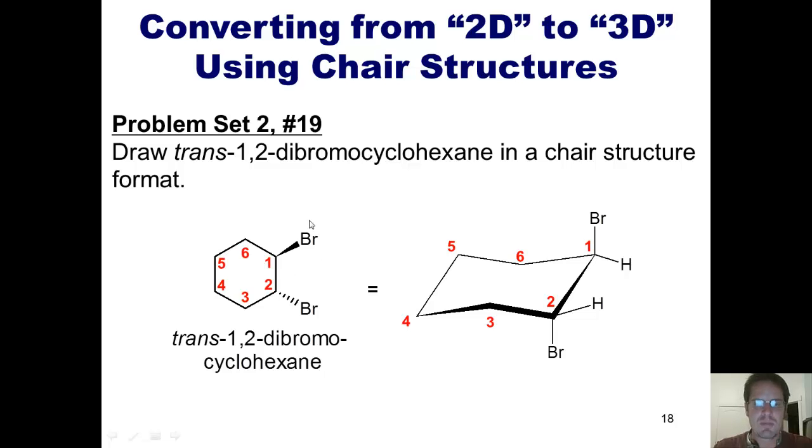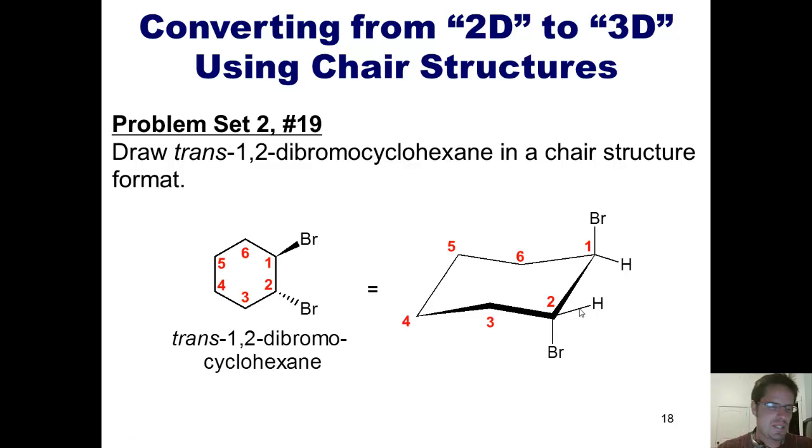Now you'll notice that once again this bromine is pointing up, and the up position on carbon 1 over here happens to be axial. This bromine attached to carbon 2 happens to be pointing down, and the bond that's pointing down on carbon 2 happens to be axial. Hence, this bromine over here goes up on the axial, and this bromine down here goes down on the axial, not equatorial. Because if they were equatorial, we'd be having the opposite configurations here.